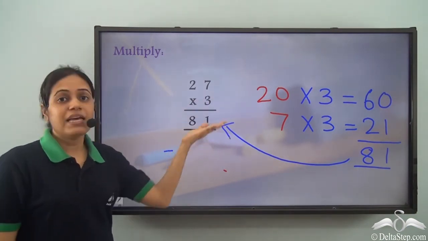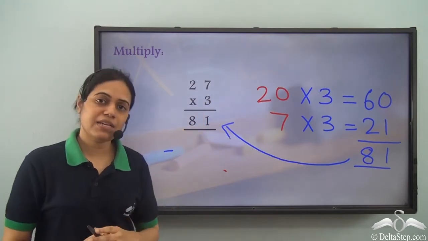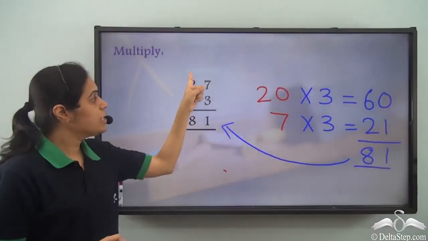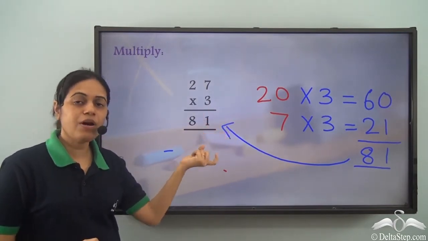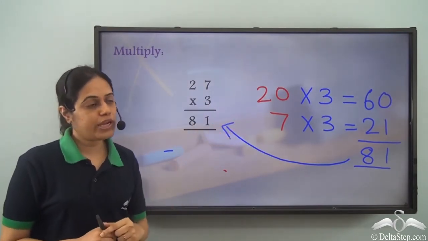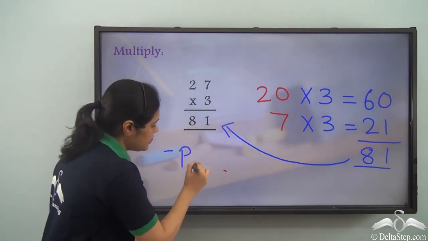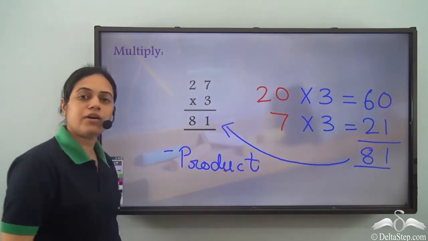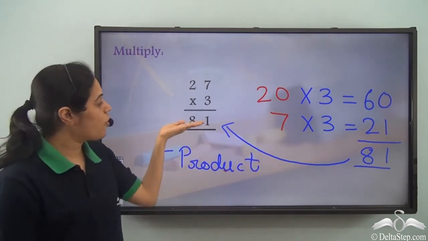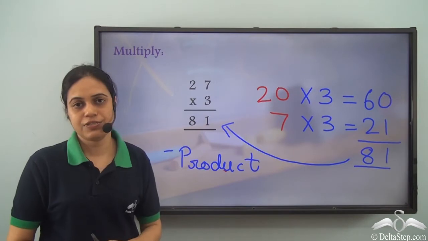So we see why do we multiply a 2-digit number by a 1-digit number in the manner I am doing? And this answer, that is 81, is called the product. It is the answer or the result of multiplication.